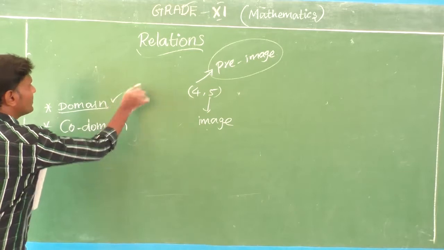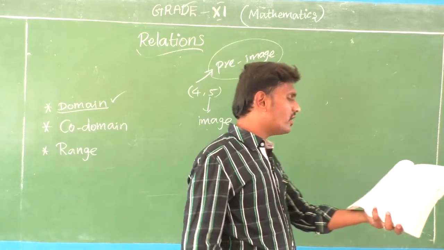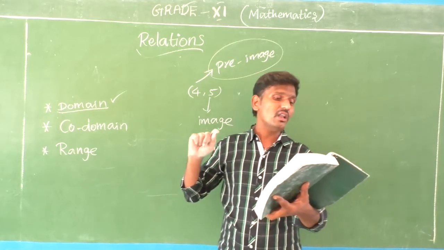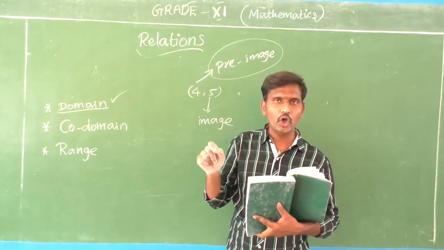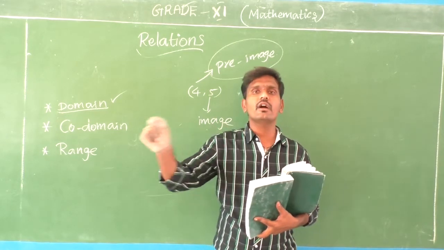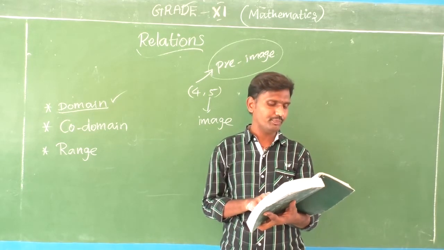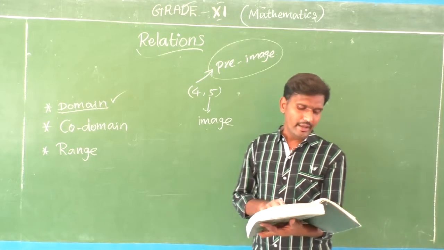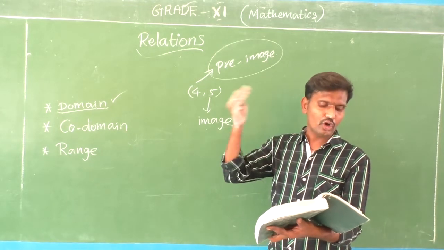Now domain. What is the domain, sir? The domain is the set of all first elements of the ordered pairs. From the ordered pairs given, the first elements are called the domain. And B is called the codomain, the second set.